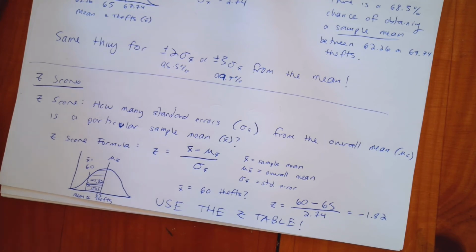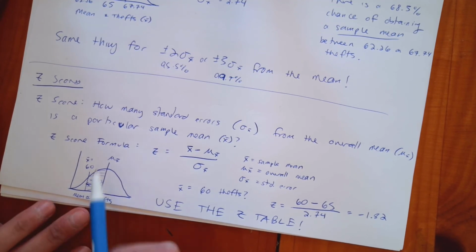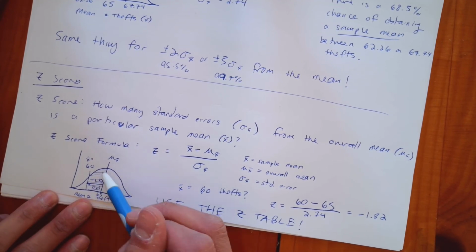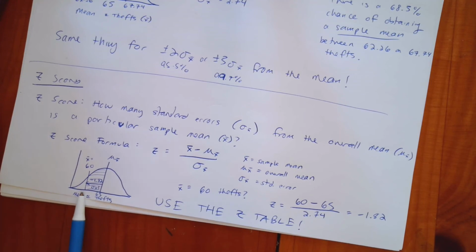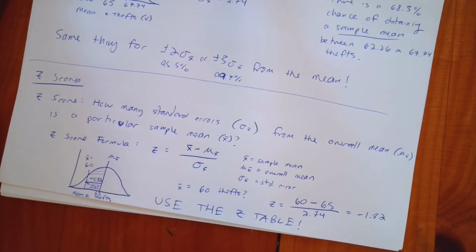So if you wanted to find the probability of getting a sample mean that was between 60 and 65 thefts, for example, you would use the z-table to find the area under the curve between these two values. And then that area would correspond to your probability.